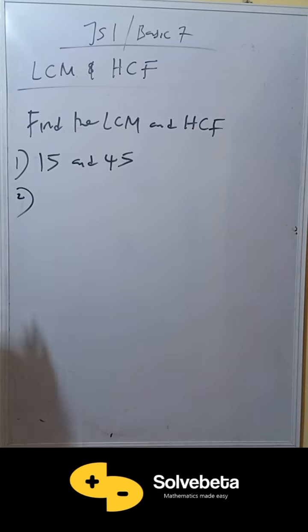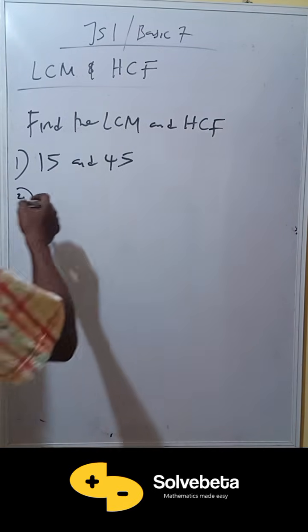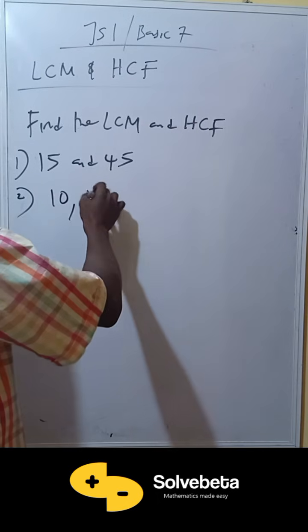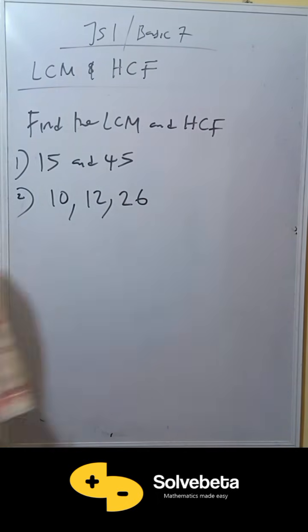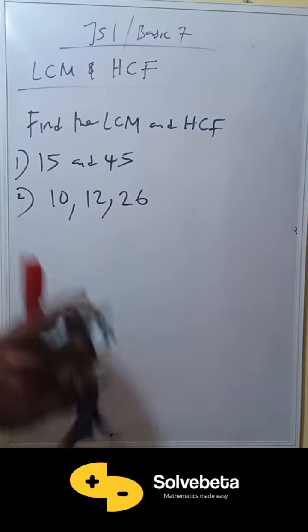You find the LCM of number 2 and also find the HCF of number 2. You find the HCF and also find the LCM. I hope you can do this number 2. It will be challenging, it will require much effort, but try. I believe in you to do it.